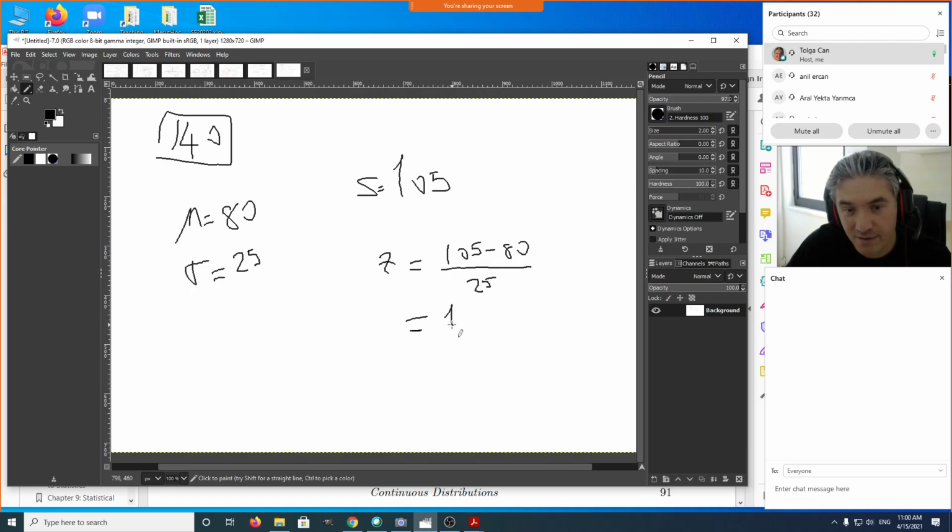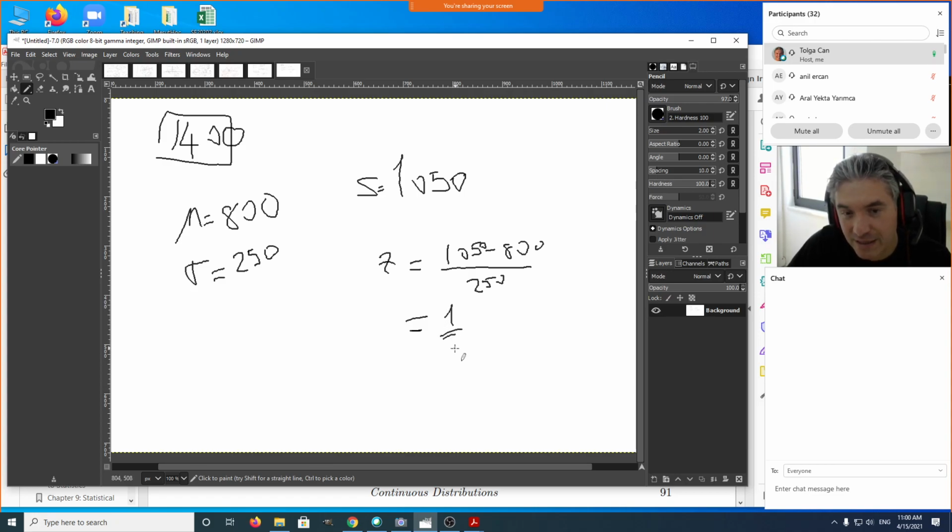This 1 standard deviation away, 1.5 away, minus 1.5 away, will be standardized no matter the scale. If the score was out of 1400, where the average is 800 and the standard deviation is 250, a score of 1050 will still have exactly the same z-score of 1.